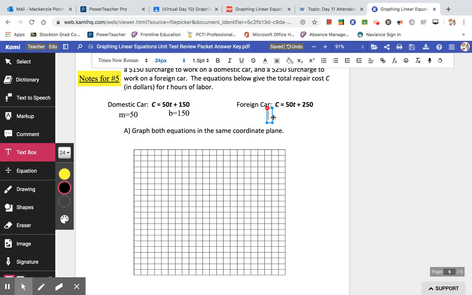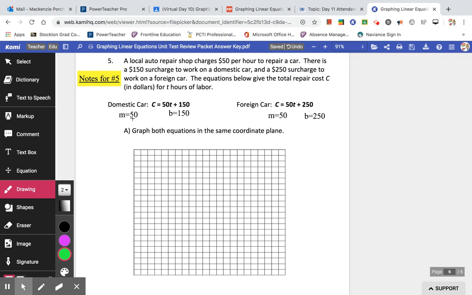And same thing over here, m is going to be whatever is being multiplied by the t, so that's 50. And then our b is going to equal 250. So if you remember with slope, it might be easier to write this as 50 over 1. And over here, again, same thing, 50 over 1. So that's what each of these equations mean.